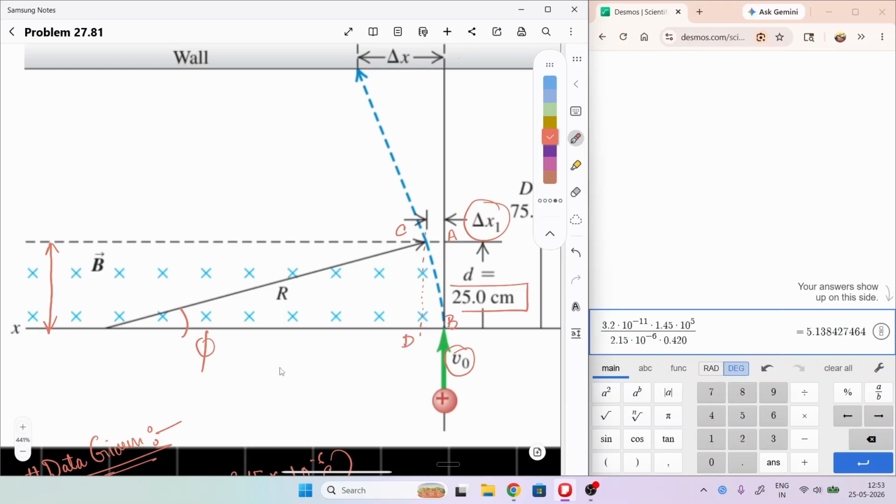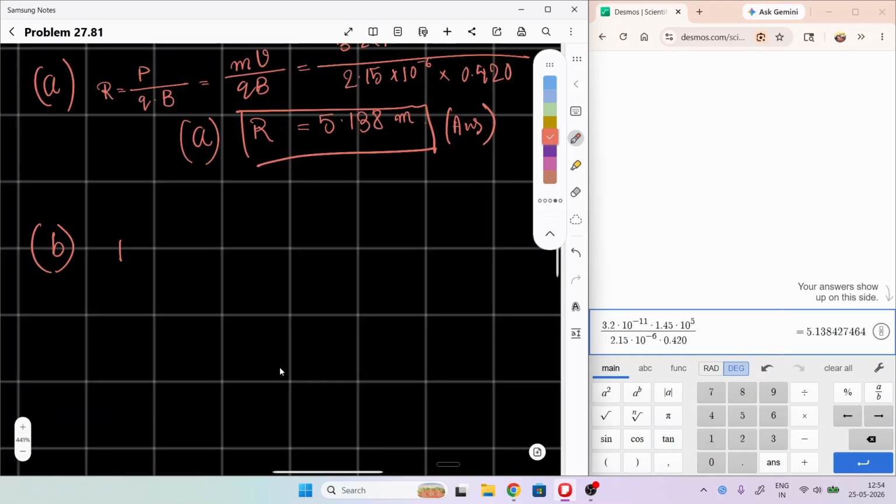So R sine phi can be written as 25 into 10 to the power minus 2 meters, as R is in meters. From here we can calculate it easily. As we have seen, R sine phi is 2.5 into 10 to the power minus 2 meters.